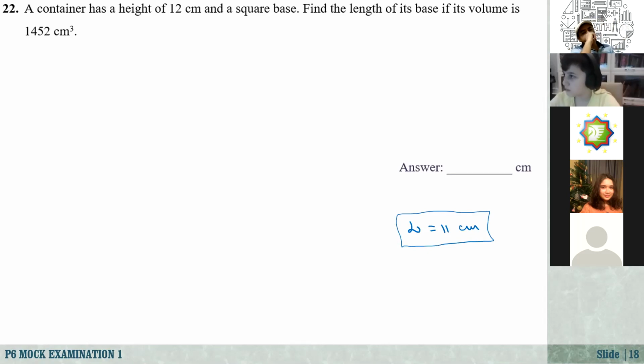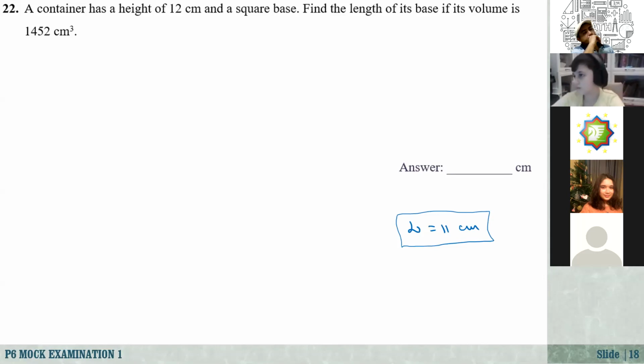Yeah. I divided 1452 to 12, and this makes 121.